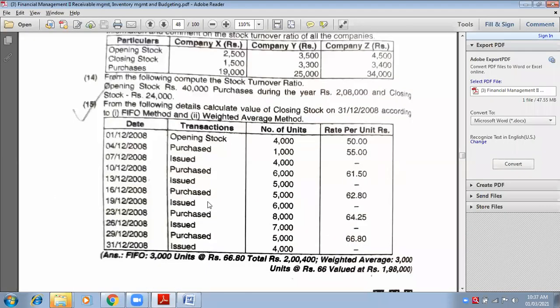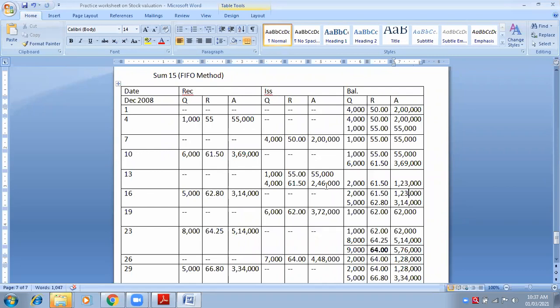19th date. Issued 6,000 units. But we can't issue 6,000 right away, directly. How much at the first slot? 2,000. What is the rate of 2,000? 61.50. So 2,000 into 61.50 was how much? 1,23,000. Very good.